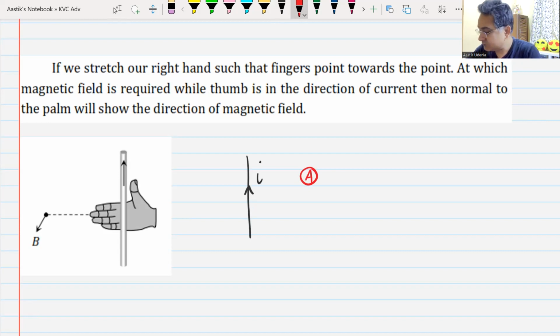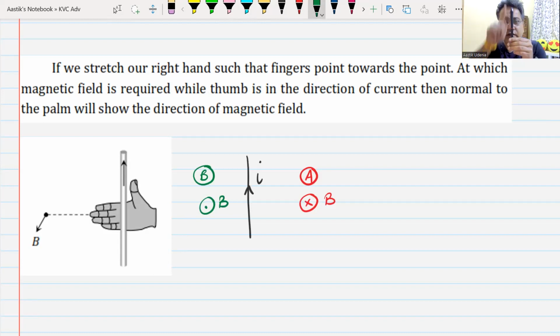Into the page. Into the plane, that means cross. On this side, what will be the direction of magnetic field? Out of the page. At point B, it will be outside of the page. Do we understand this? Yes, sir.